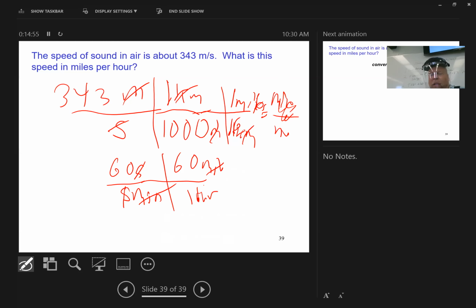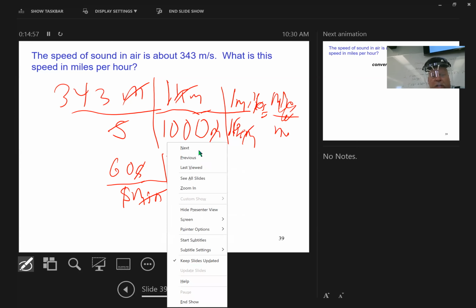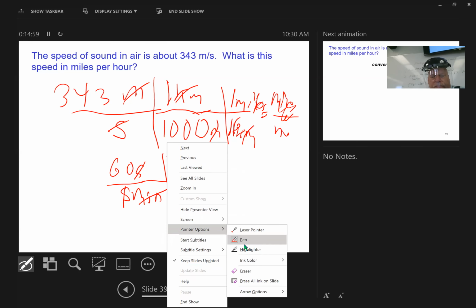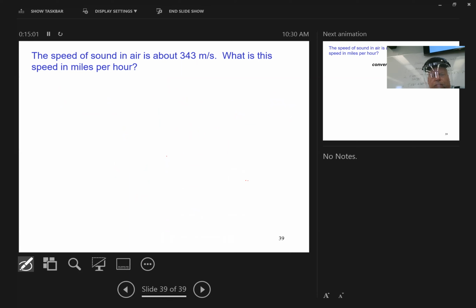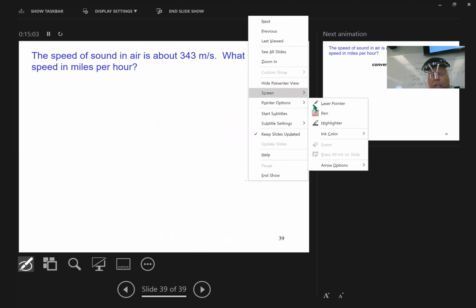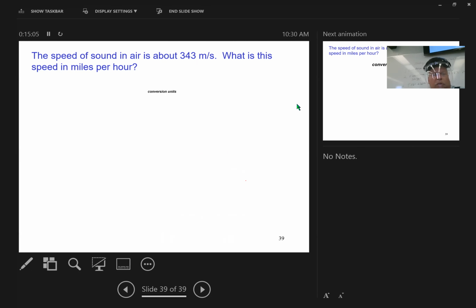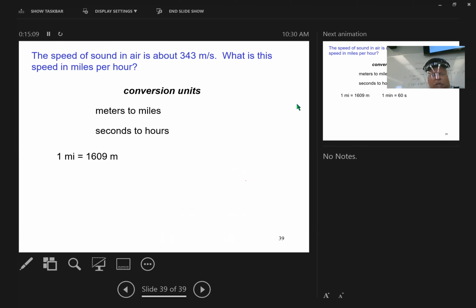Okay, now let's do it neater with the conversion units, meters to miles first, and then seconds to hours. So you start off with that, converting meters to miles first.